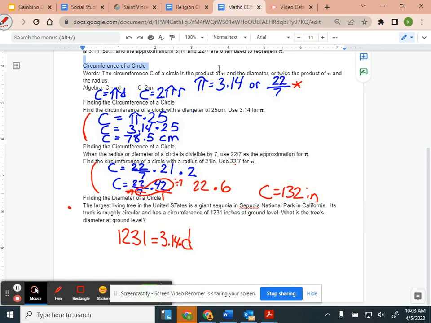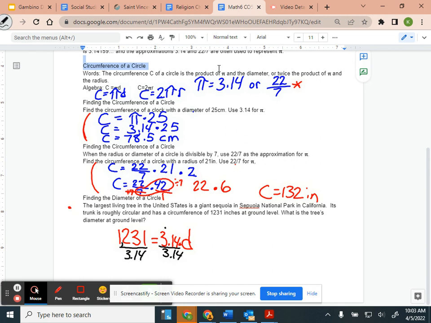How do we get the diameter by itself? What do we divide, Peyton? 1,231. And then you divide that by 3.14. We're going to divide both sides by 3.14.